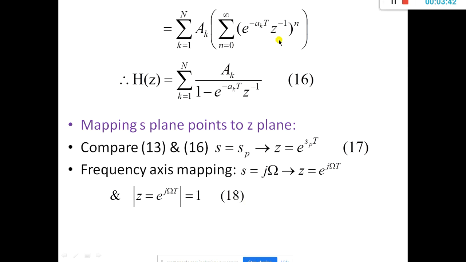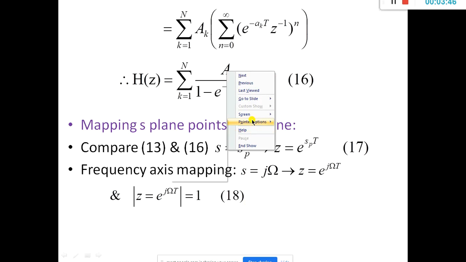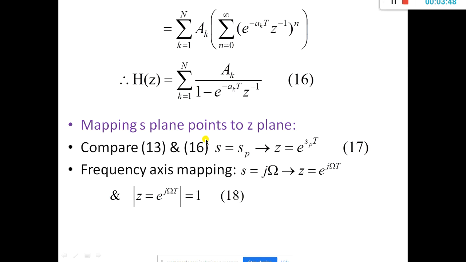So here I just write this for your convenience. From the basic definition, the H of s equation was summation k runs from 1 to n, a_k divided by s plus a_k.